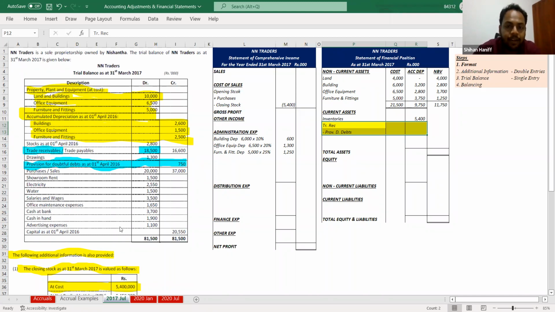There is no bad debt. So two opening balances. What we normally do is write within brackets the opening balance: 18,500, and provision for doubtful debts 750. I'm writing the opening balance. As I said earlier, trial balance information goes in only one place, additional information in two places.